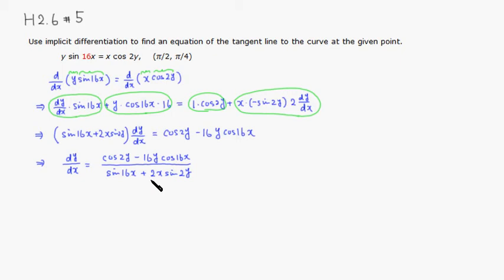It's a little complicated, but that's the derivative. Then what we need to do is plug in pi over 2 for x and pi over 4 for y. So let's do that.